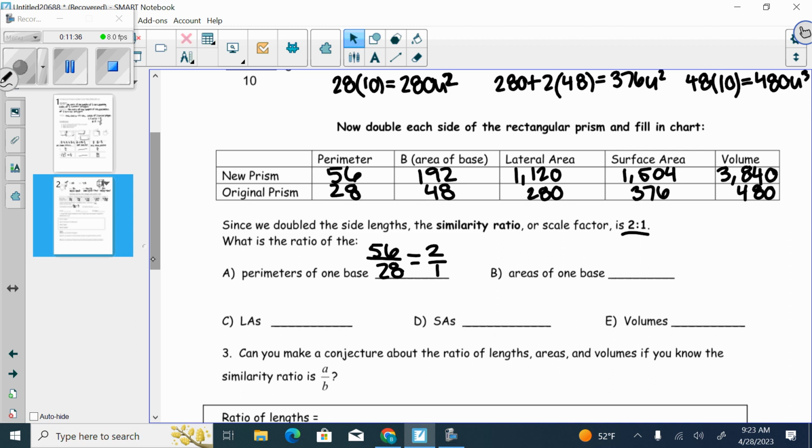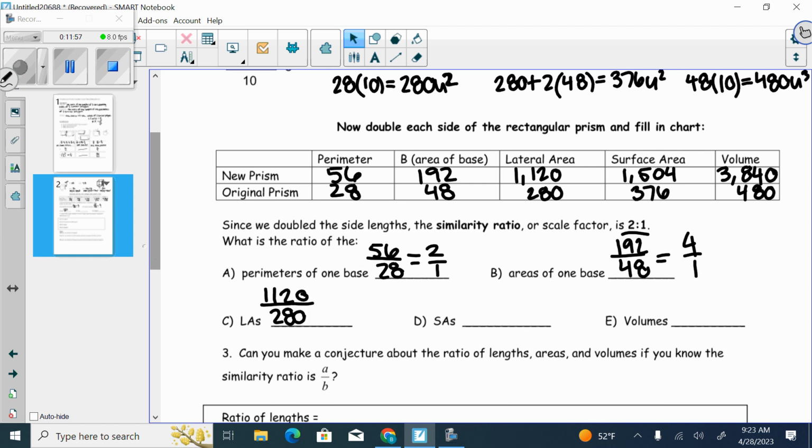All right, area of the base. 192 over 48, which simplifies to, right? Makes sense, right? Because we said it should be the square of whatever we have here. Okay, for lateral area, we've got 1,120 over 280.